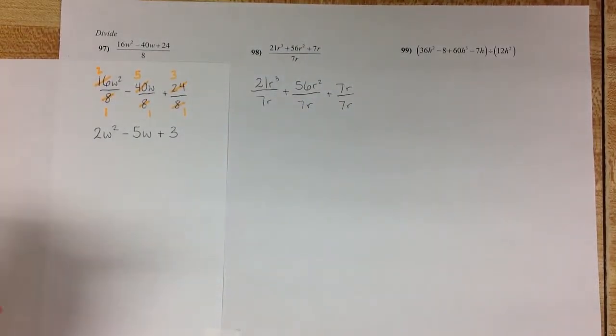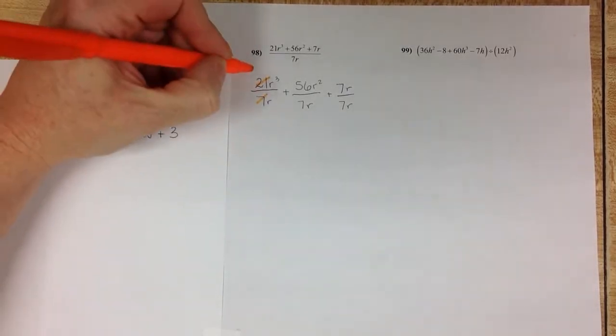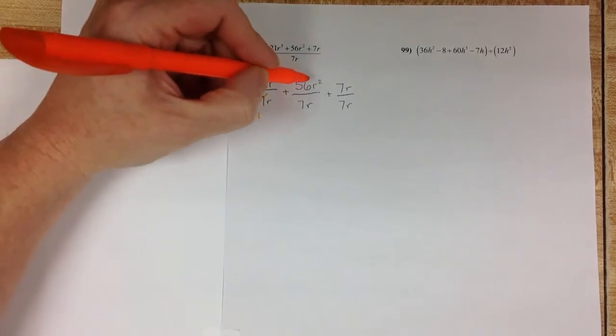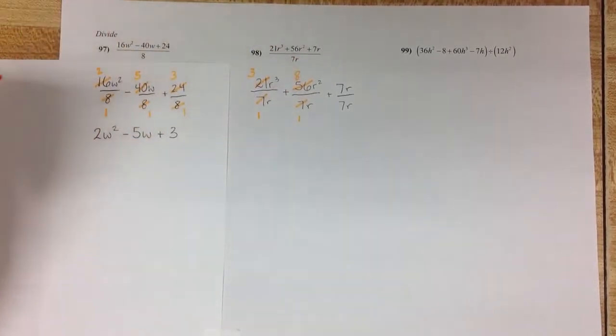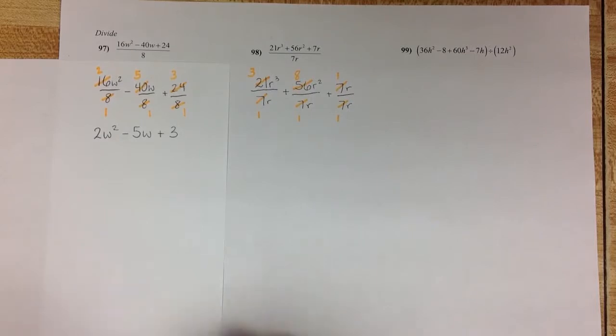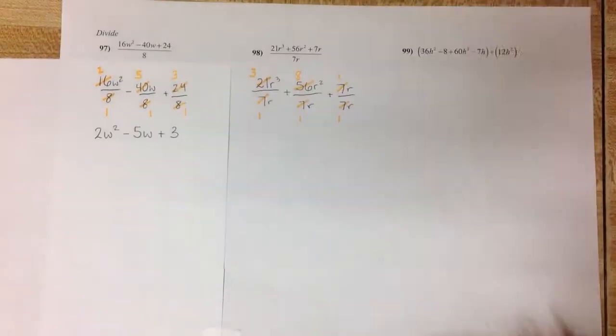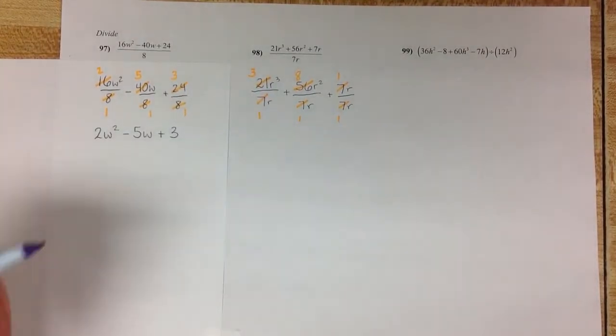So looking at what we can reduce again, the 21 sevenths will become 3 one-ths, 56 sevenths will become 8 one-ths, and 7 sevenths reduces to 1 one-ths. This is where it starts to look a little different from the fractions we've seen in the past, because we also have some r's that we can reduce here.